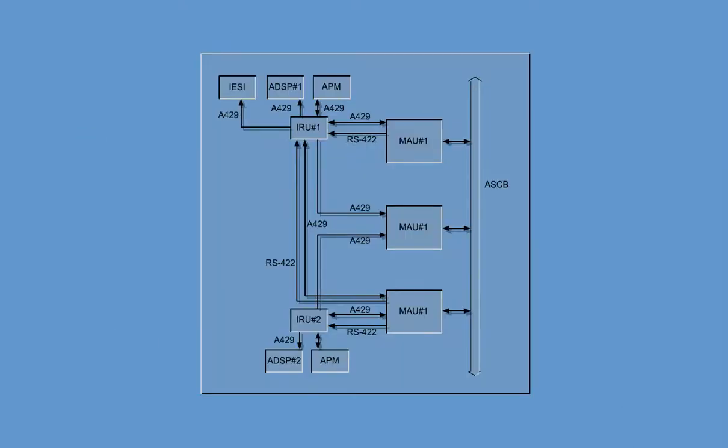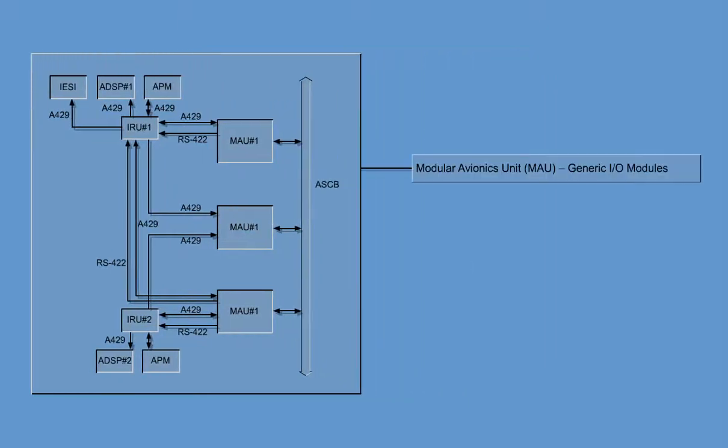The IRS interfaces with the airplane systems and equipment to receive input data from Modular Avionics Unit, MAU, generic input-output modules. The IRS component requires initialization, entry of latitude and longitude from the FMS or GPS, or it may be entered manually. Modular Avionics Unit, MAU, GPS modules.